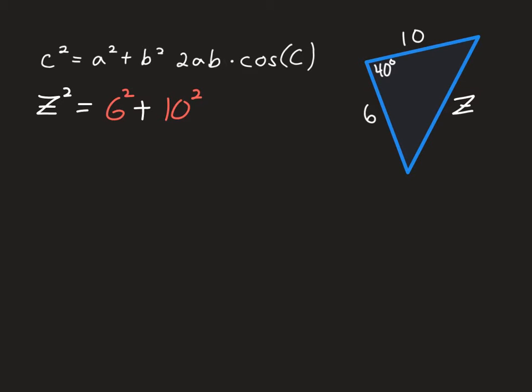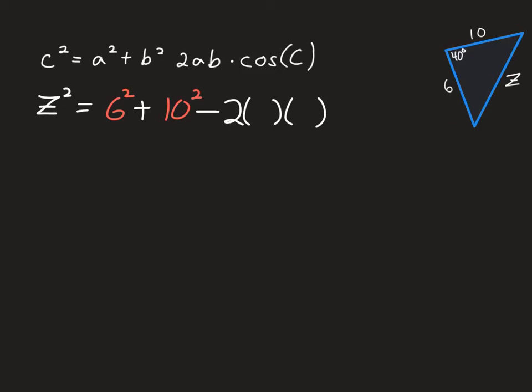And of course that order doesn't matter. You could have gone 10 squared plus 6 squared. That's fine. And then minus 2 times those two sides. So 6 and 10 going in here. And then times the cosine of the angle between those two sides.